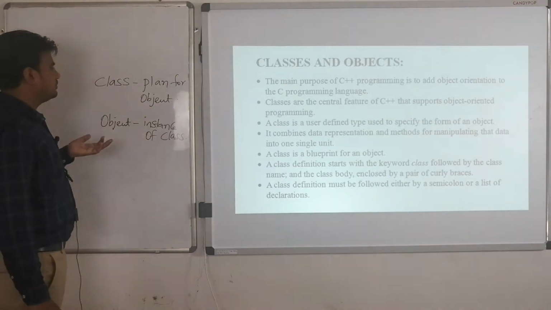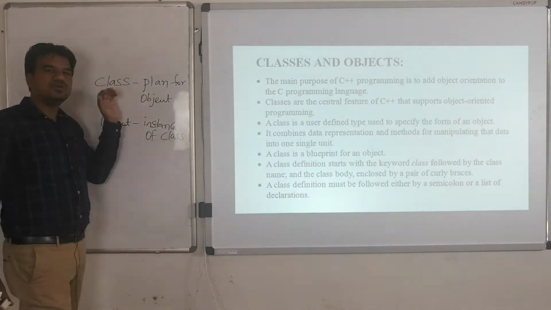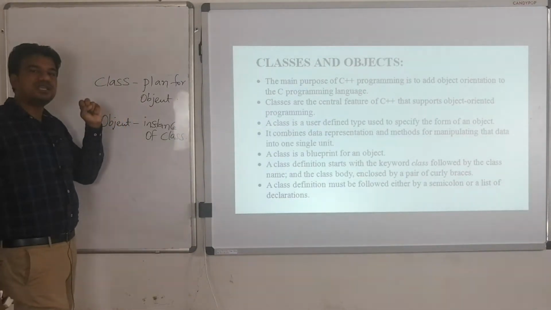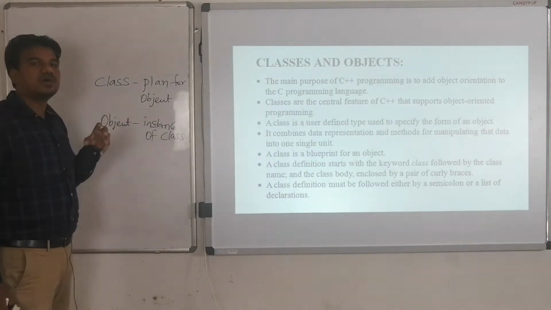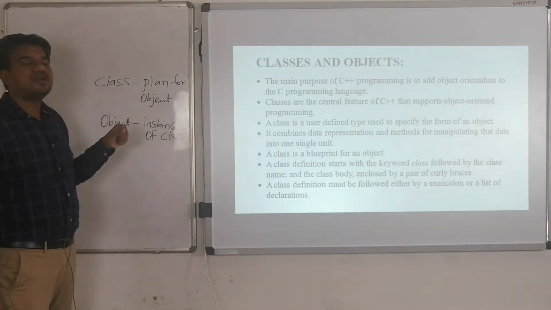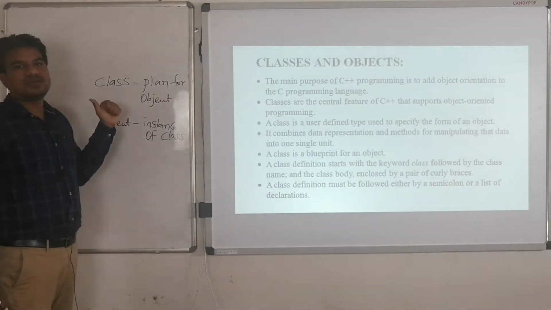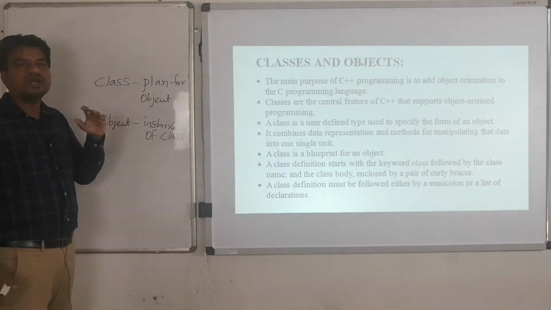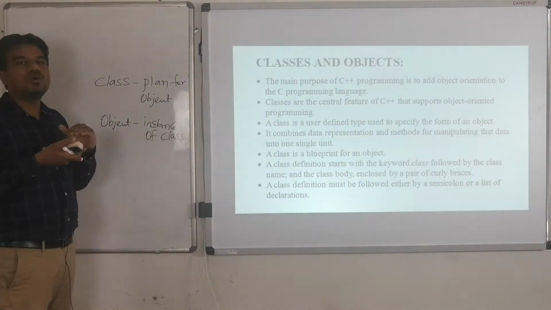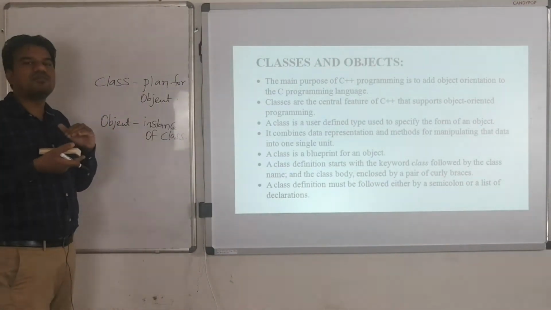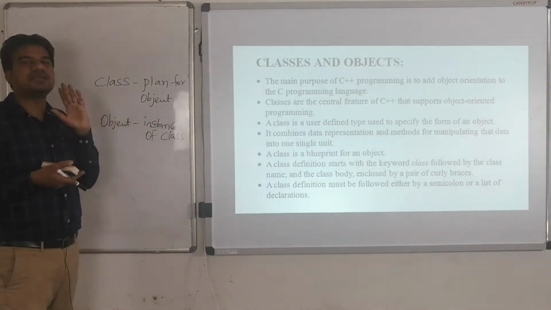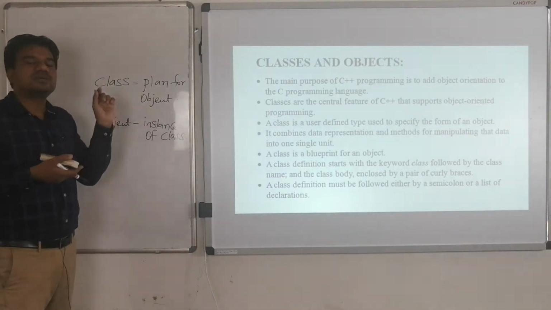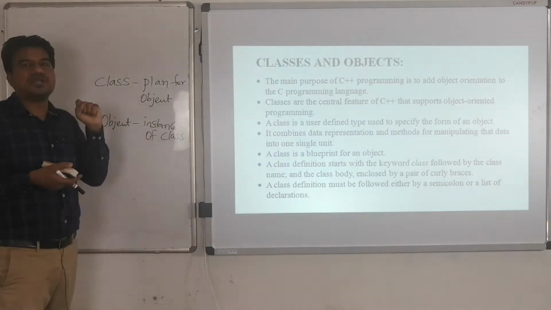In order to achieve data abstraction or data encapsulation, we use classes. A class combines both data members and member functions together as a single unit. There we are achieving encapsulation.